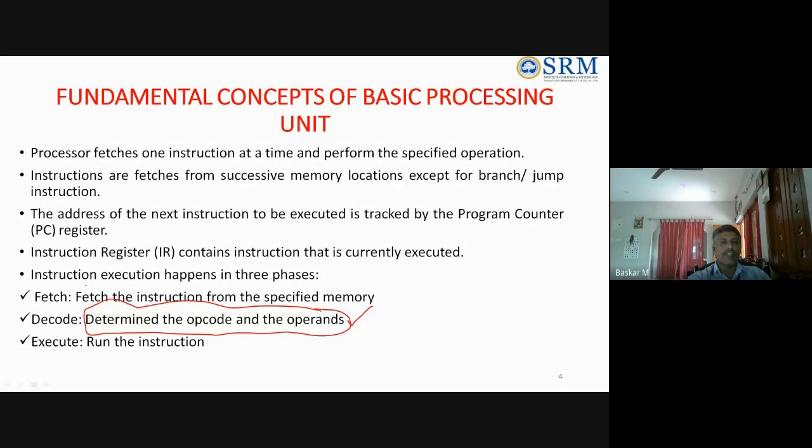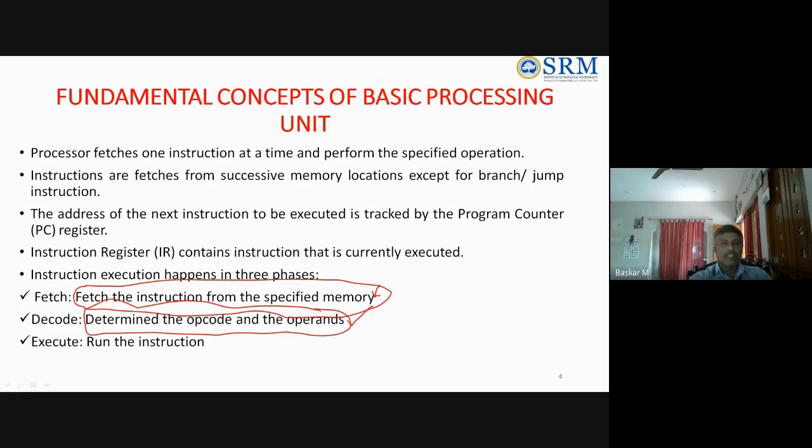The first process is to fetch the instruction from the specified memory location. Listen: the address pointed to by the program counter is loaded onto the MAR, then whatever address is in the MAR is used to fetch the instruction, and the instruction is put onto the IR. That is the first phase, the first cycle, fetching the instruction.